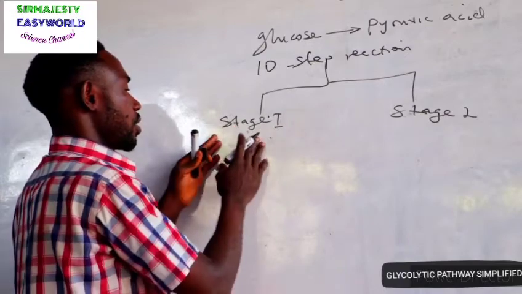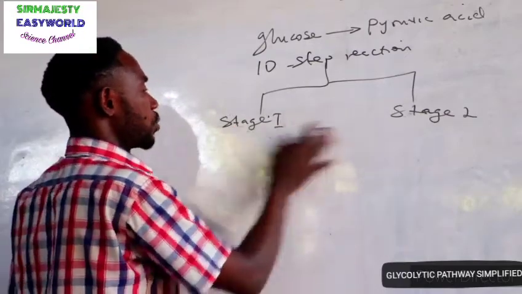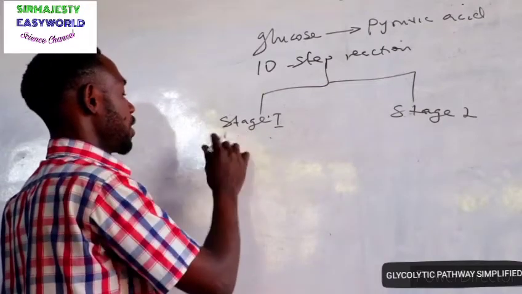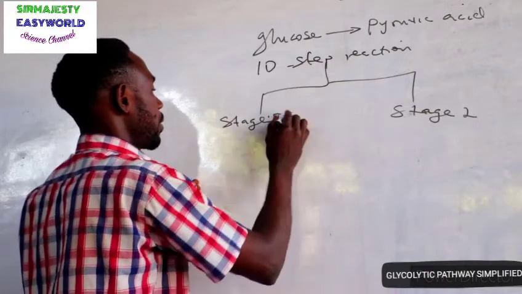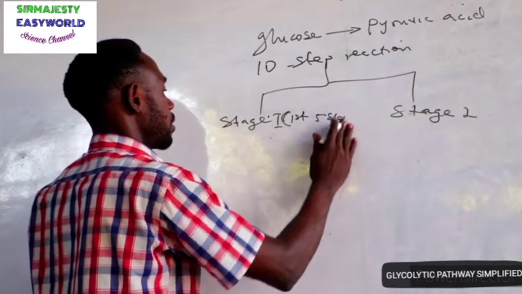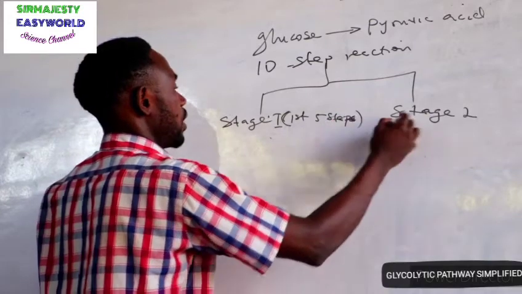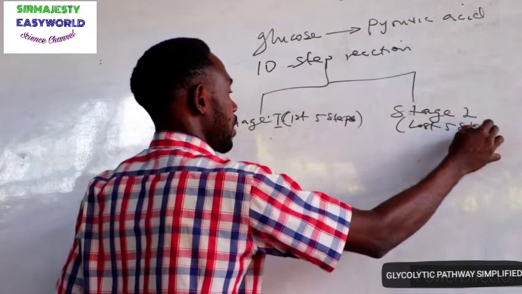Some authorities may divide into 4 stages, but people that divide into 2 stages have the first 5 steps, then the last 5 steps.